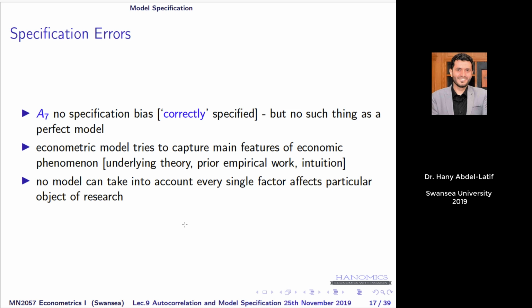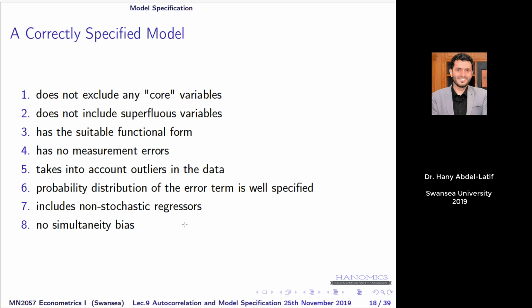But before we talk about model specification, you should know that there's no such thing as a perfect model. So you should always compare different models to decide which one performs better than the others. But in general, by a correctly specified model, we mean a very long list of things.